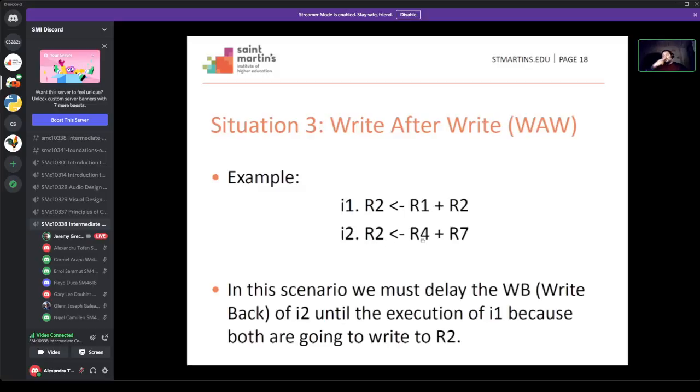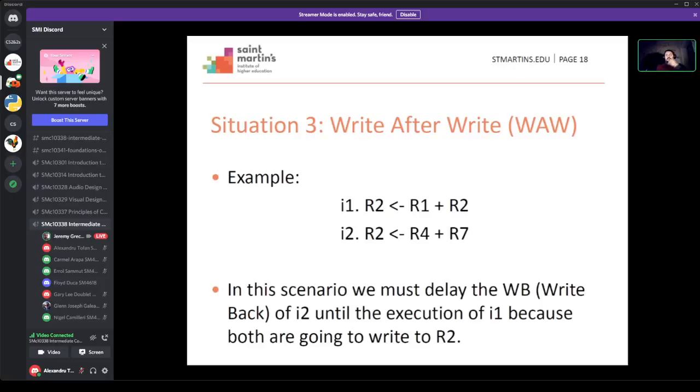So we need to make sure that when we are writing to the same location, with this register 2 in this particular example, we wait until the first instruction has completed before we can actually continue with our write back function ourselves. Any questions up to this point?